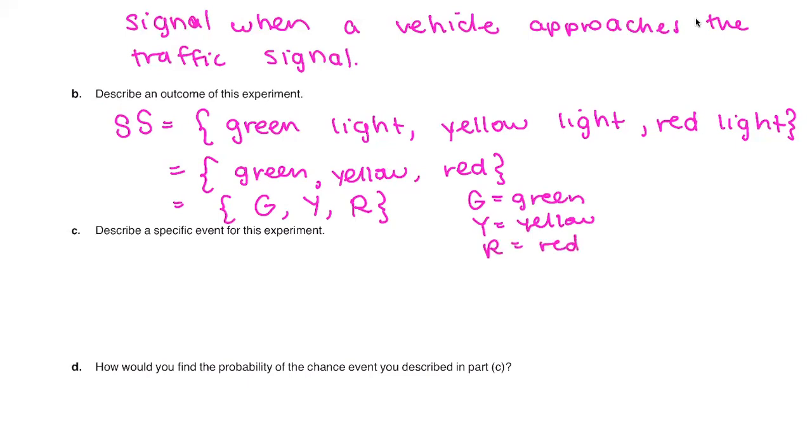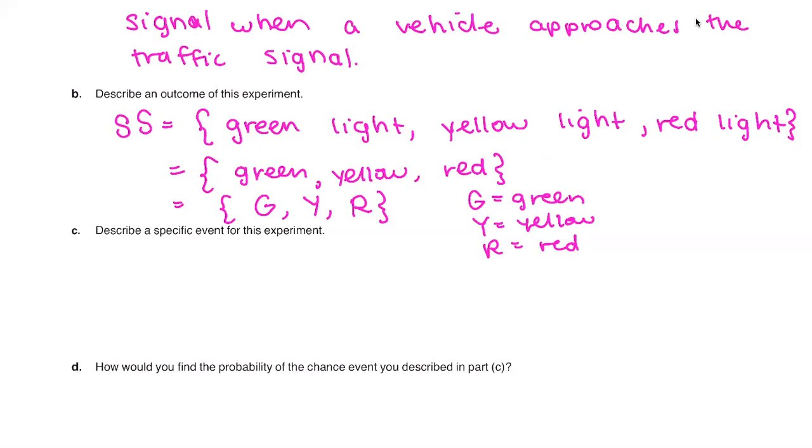I know it might seem silly, but it's really helpful to be as precise and as clear as possible for anybody who's looking at your work. I'll probably stop at the midpoint here, the middle ground of I'm not just putting a letter, but I am getting rid of the word light because in this context, we know what the colors are associated to. Most people have seen a traffic signal.